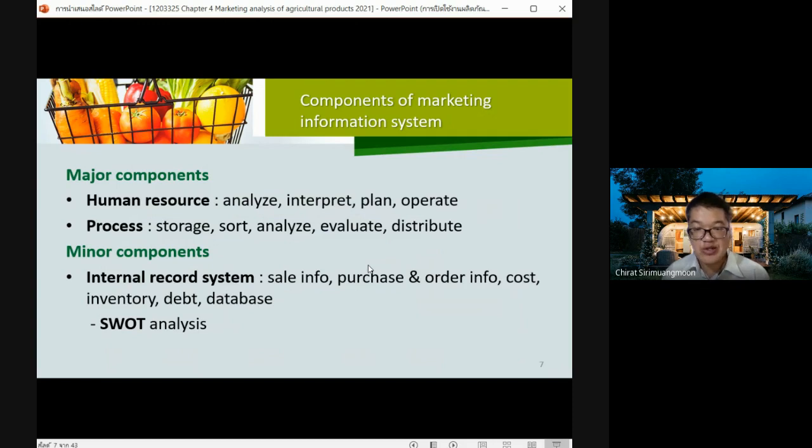Everything here is the internal record system. If you have a very good internal record system, it means you have enough data to think about and use for running the business.